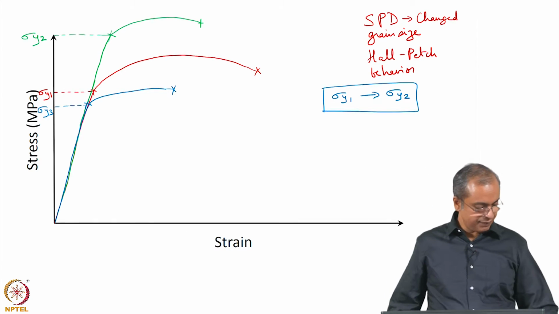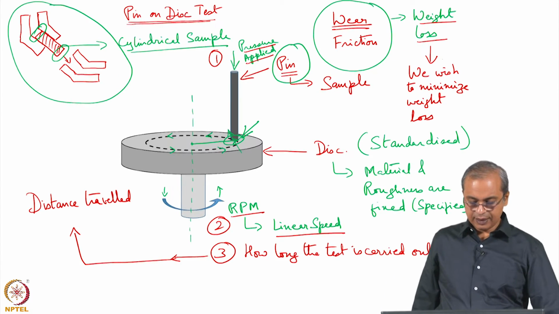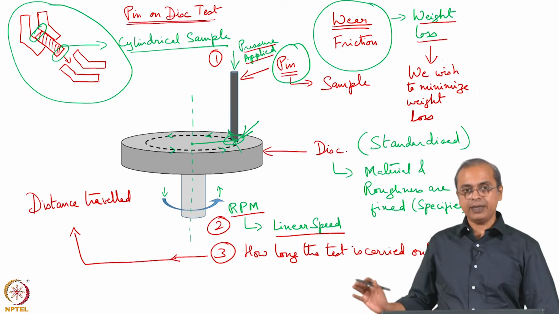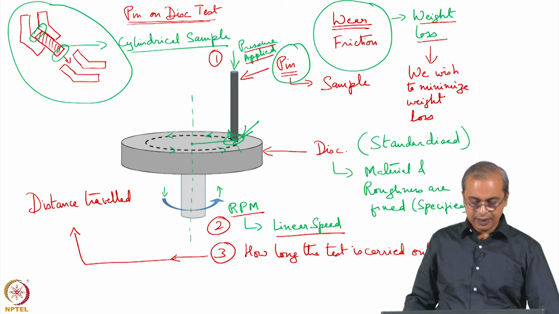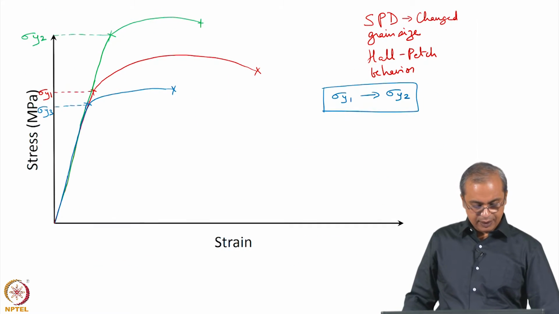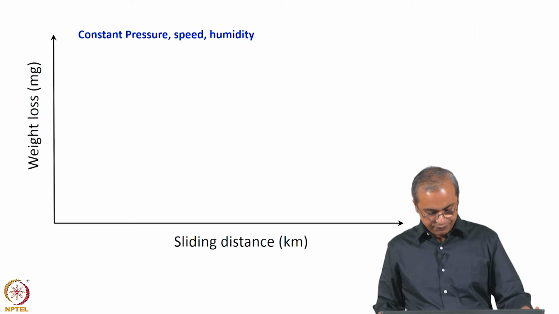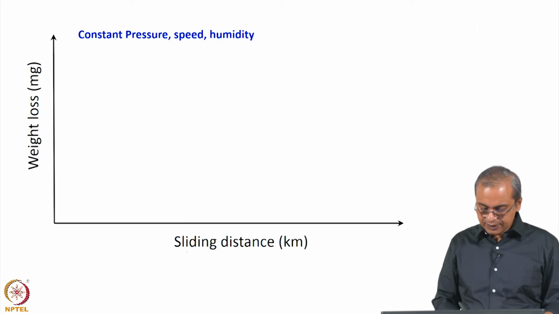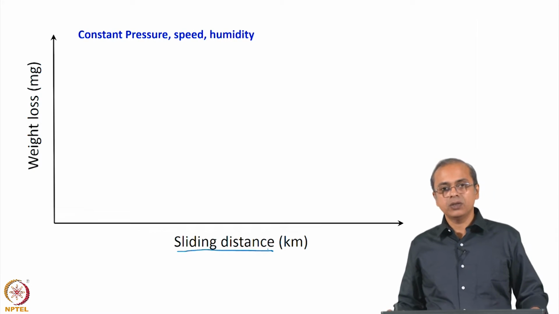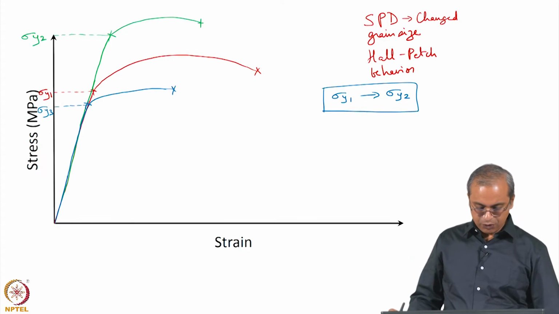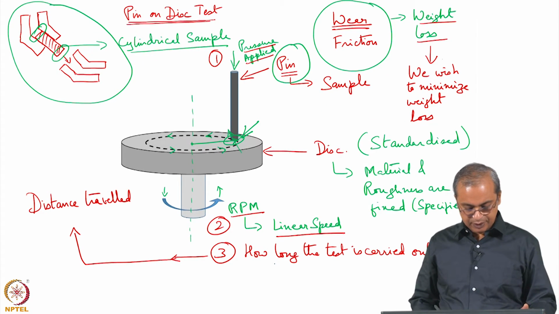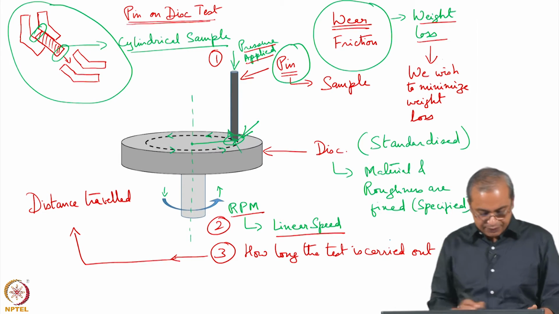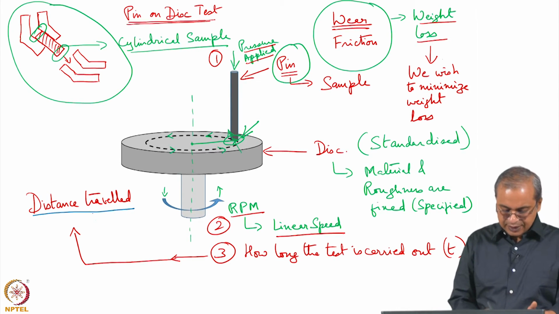And for that, as I said, we do the pin on disk test and we look for weight loss under different experimental conditions. So, for example, if you see here, we are looking at one possibility of this experiment where the variable is the sliding distance. If you go back to this plot, that variable is the distance travelled, that is the sliding distance.